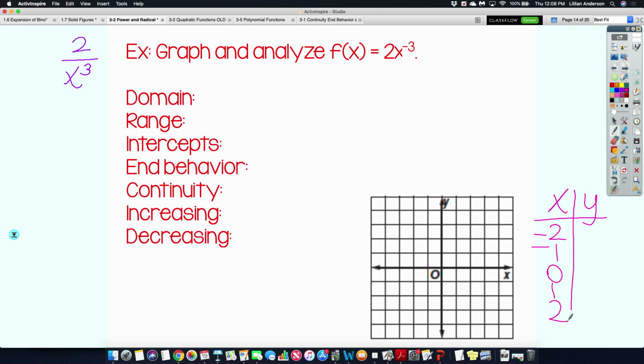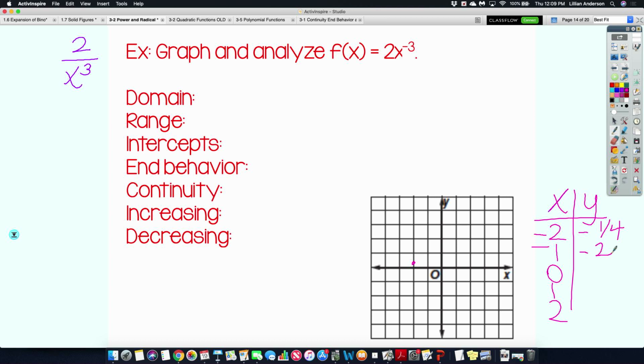It's a -8. 2 divided by -8 is -1/4. When I plug in -1 and raise it to the third power, that gives me a -1, and then when I divide it by 2, it gives me a -2.